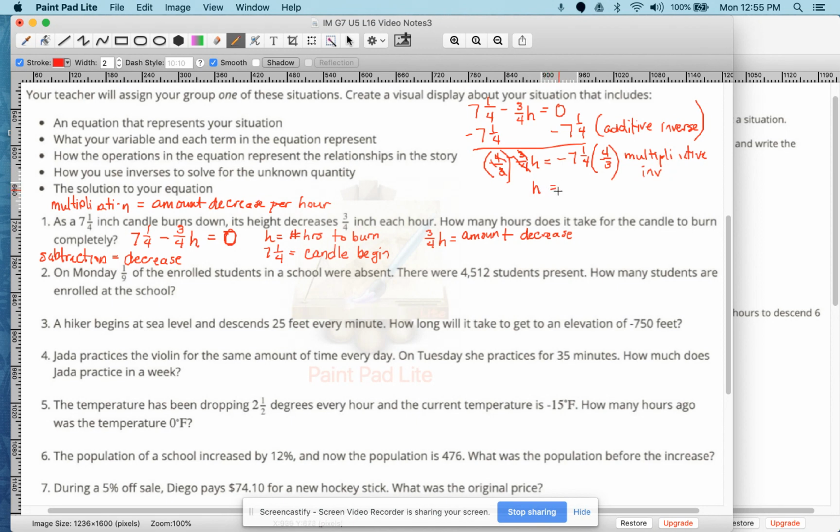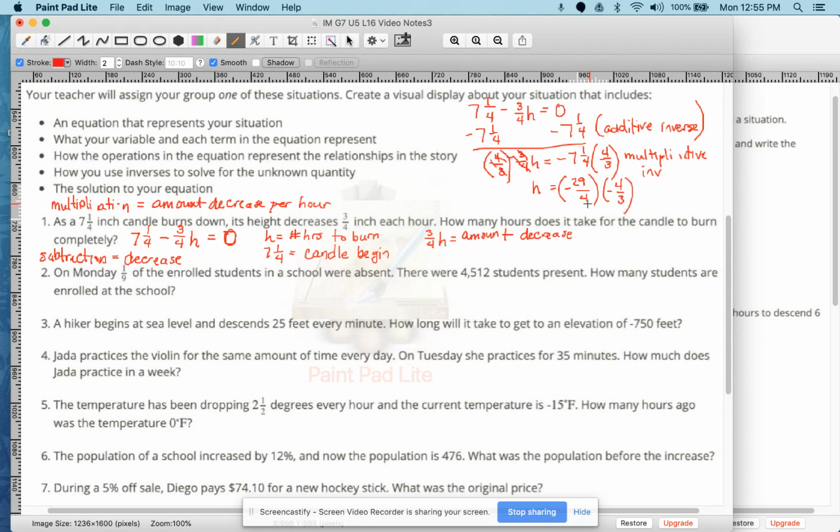But when I do that over here, I need to change this negative 7 1/4 to an improper fraction. So 4 times 7 is 28, plus 1 is 29. So I have negative 29 over 4 times my negative 4/3.